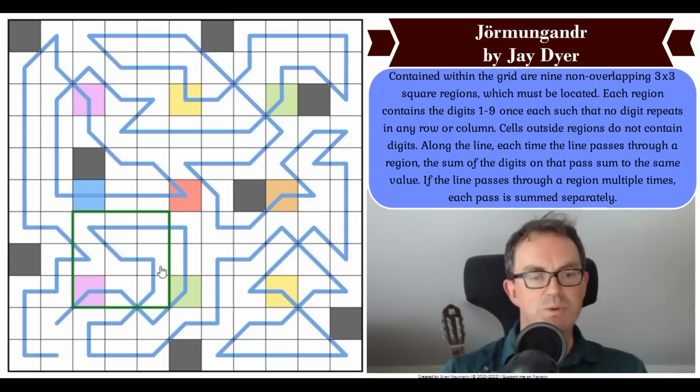So it's not possible that the sum of the digits on each pass is less than 9, because even if that's the 9 there, that would suggest the equal sum total for every time the line enters the box is 9. And it can't be less than that because it must pick up a 9 in this box somewhere.